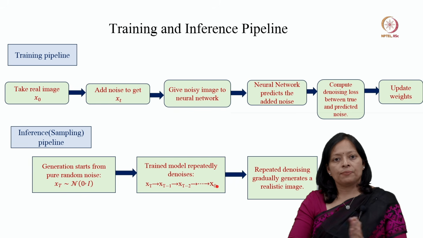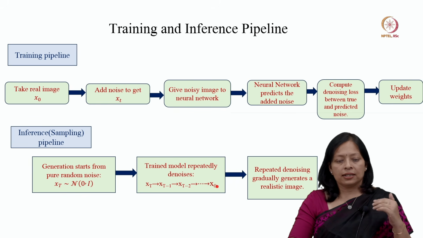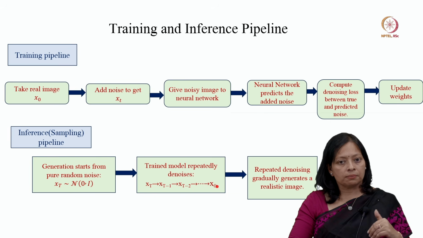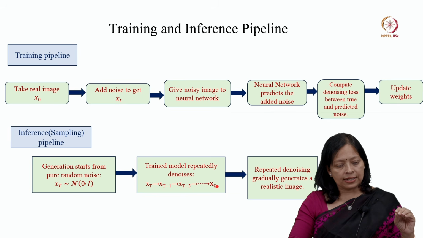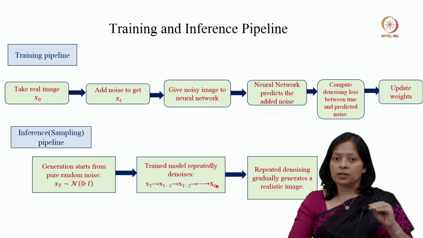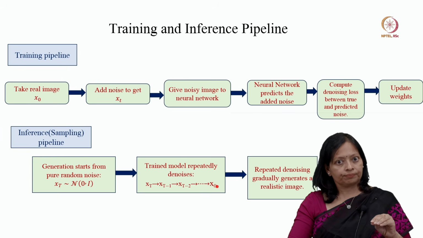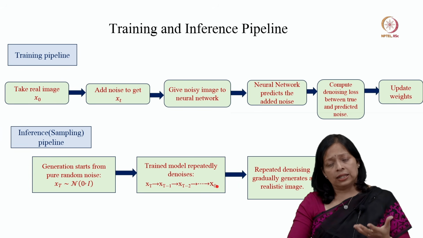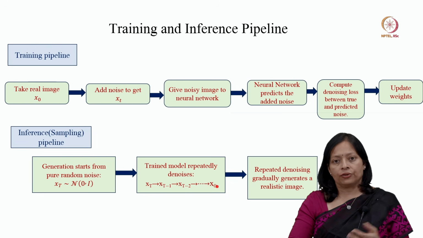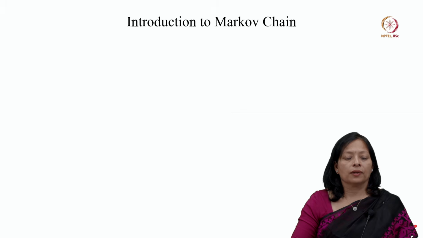So, the learning happens in the training phase, and in the inference or sampling pipeline, it starts from the noise and the trained model keeps denoising that image, gradually generating the realistic looking image.